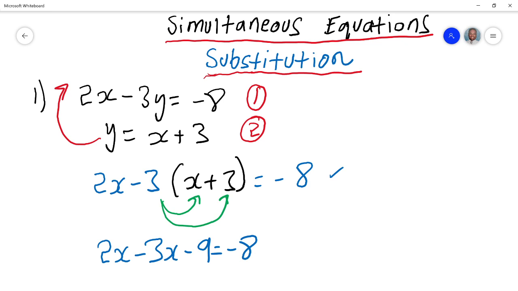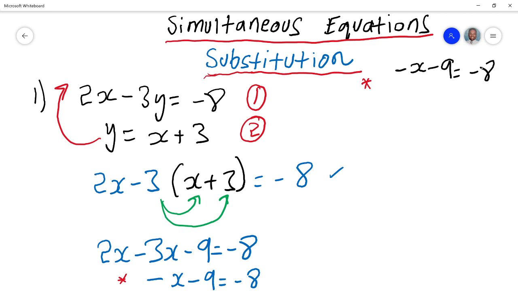Now we're going to group the x's together. 2x minus 3x is negative x, minus 9 equals negative 8. So we've got negative x minus 9 equals negative 8.